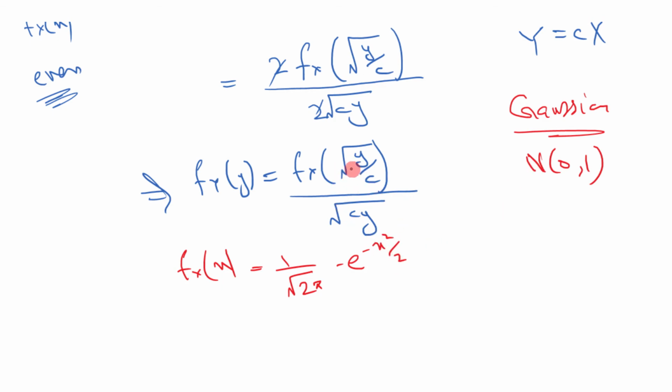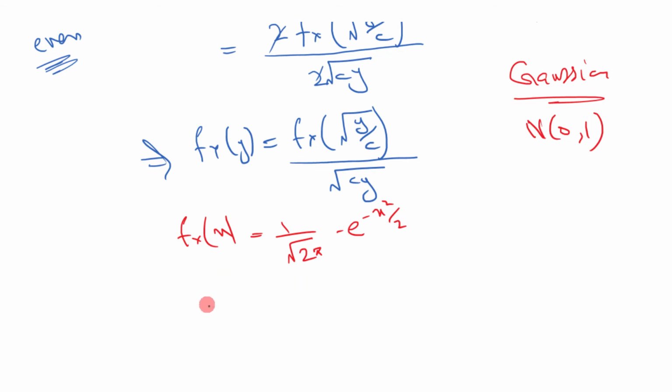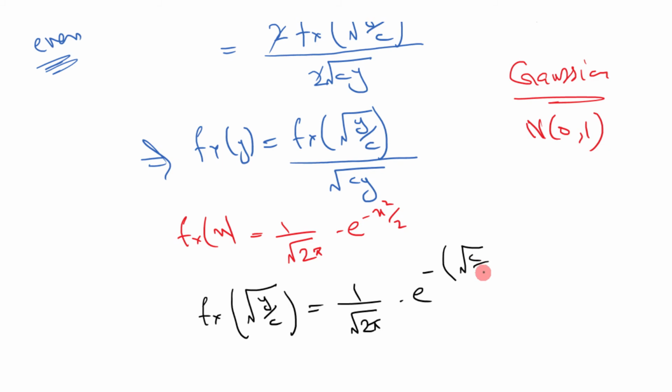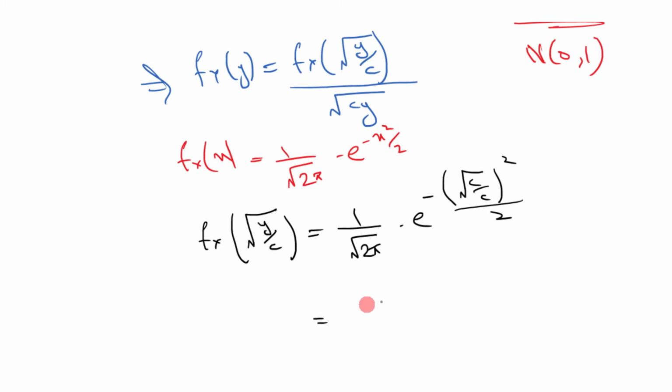So replacing this x by under root y over c, what you will have is fx of under root y over c is equal to 1 over under root 2 pi into e raised to power minus under root y over c whole square divided by 2, and it will be equal to 1 over under root 2 pi into e raised to power minus y by c over 2.